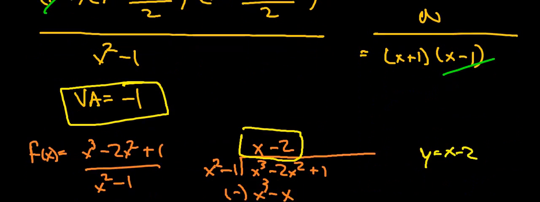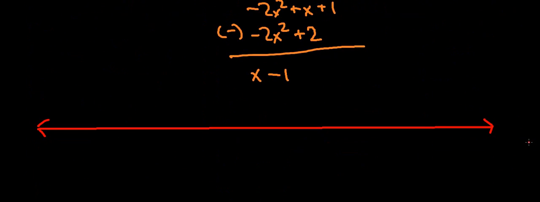So we have 3 points we need to put on the graph. We have minus 1, and this is a vertical asymptote. We have 1 minus the square root of 5 over 2, which is about minus 0.6, and this is an x-intercept.